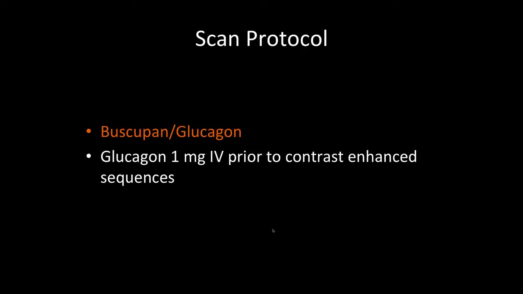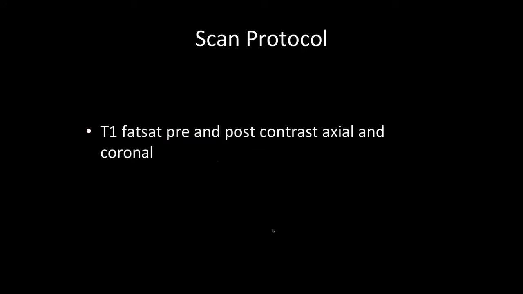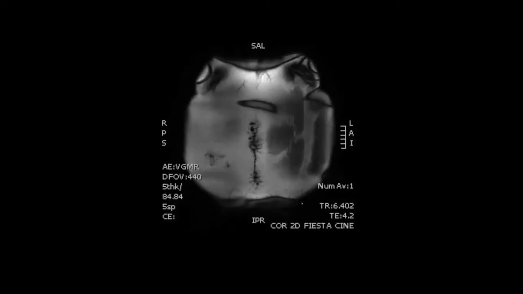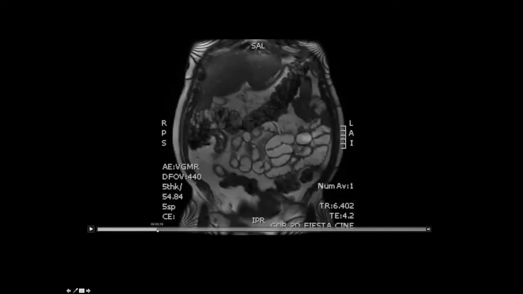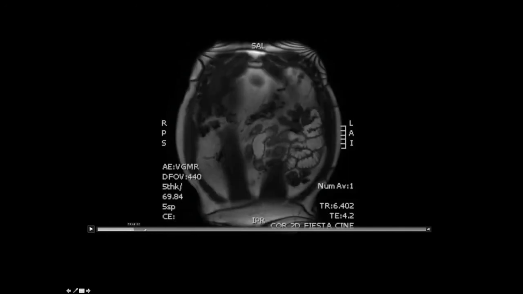So the dose of glucagon is 1 milligram IV prior to contrast enhanced sequences. This is an example of the FIESTA or VIBE sequence, and this demonstrates how the small bowel loops are moving.